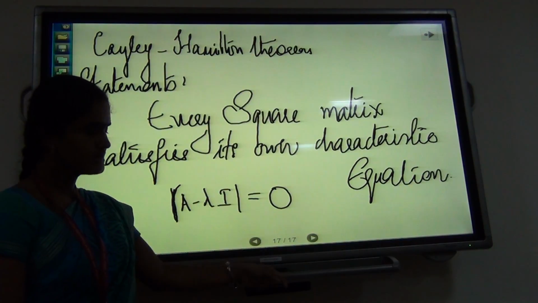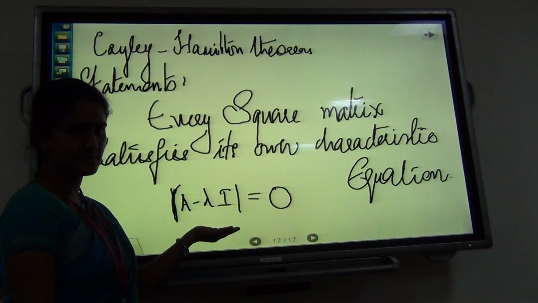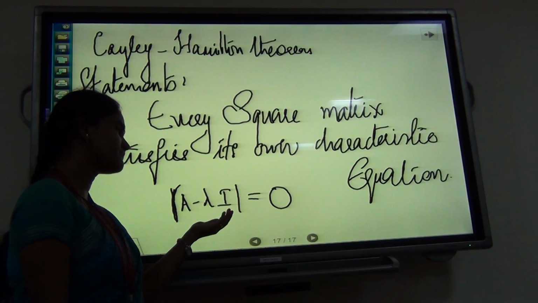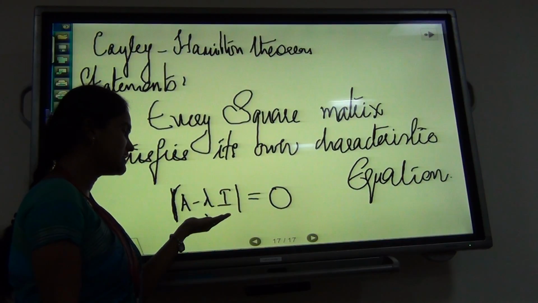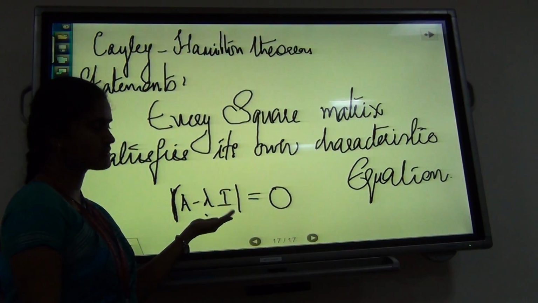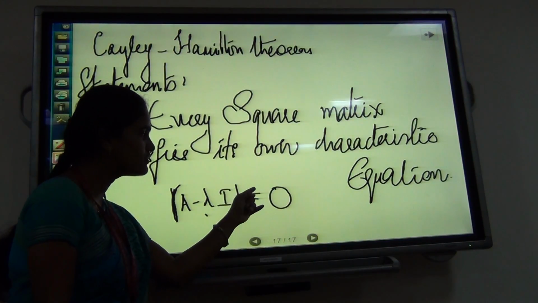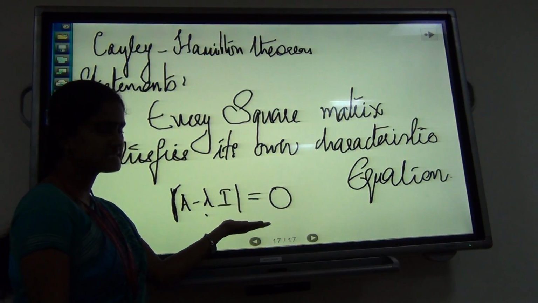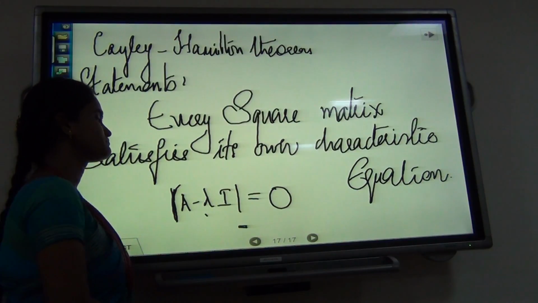This is nothing but the determinant of A minus lambda I equal to 0. So as we find this, it means we are finding the characteristic equation.